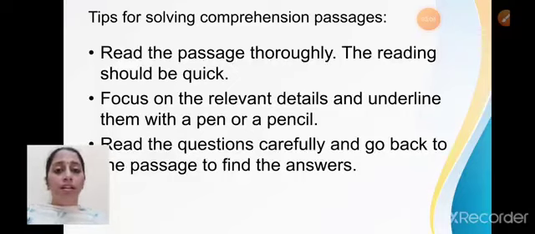The only right way of answering unseen passages: first you have to read the passage, understand the passage, and then you have to jump on to the questions. Read the questions and then get back to the passage to find the answers.